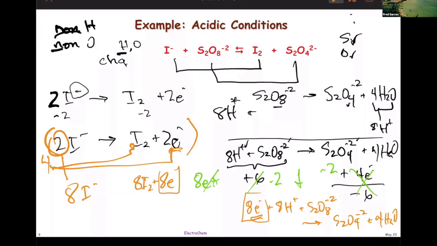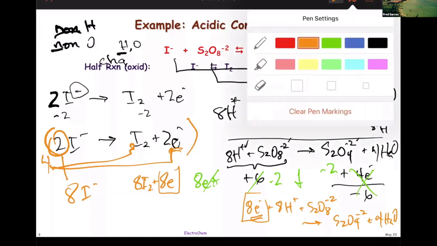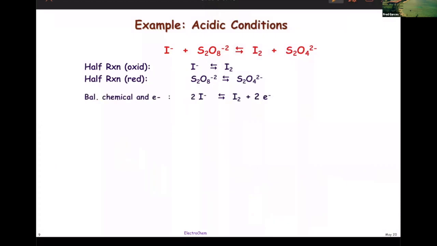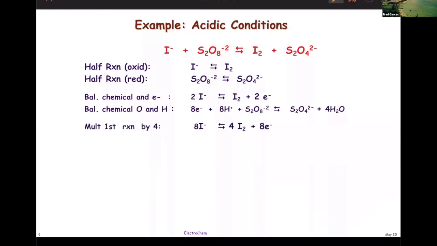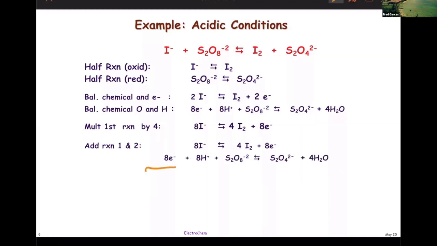So let me just show you those steps. Because I'm running out of room here. So this is the balancing for the iodine. This is the balancing for the S2O8. You see that I multiply the iodine by 4 so that now there's 8 electrons. And then I add them all up. And when I add them all up, this is what happens.